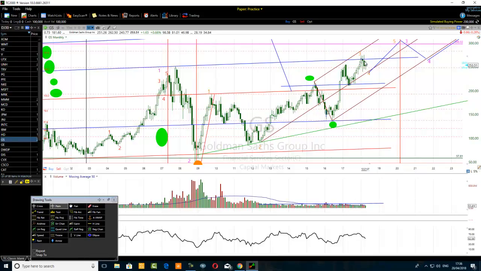All right. So this will conclude our discussion today about level 2 Elliott wave analysis trading strategies. Level 1 technical analysis uses normal technical indicators.